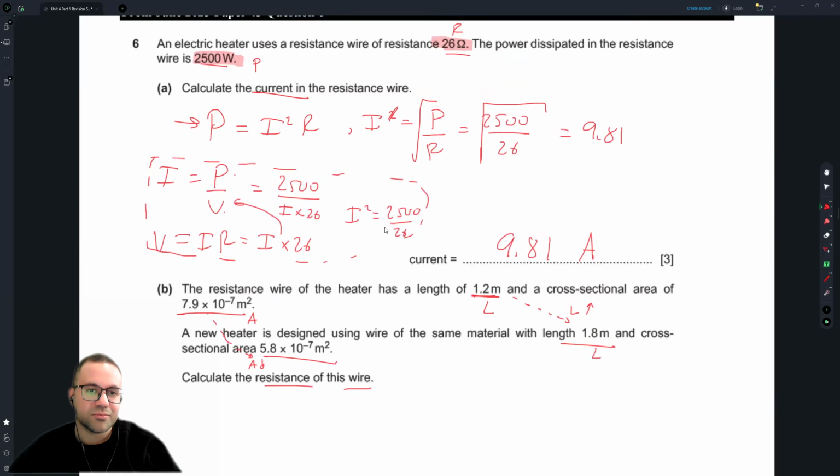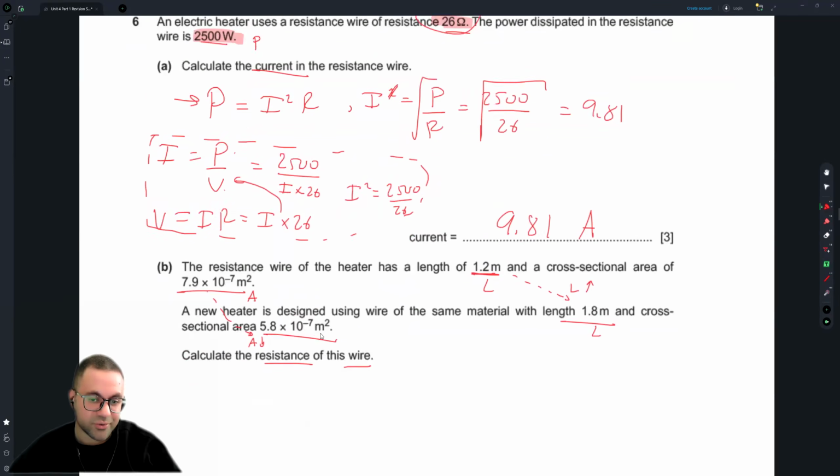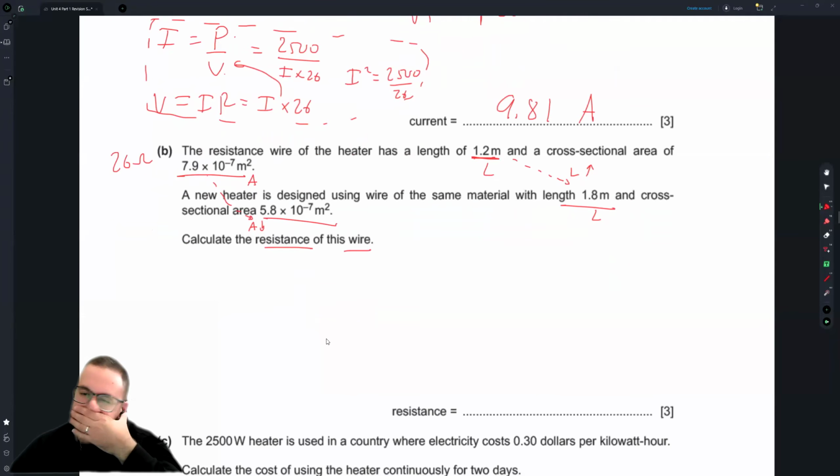Well, what was the resistance of the old wire? 26. So the first wire was 26 ohms. So what's the new resistance? Well, first, remember, resistance is proportional to length and inversely proportional to area. If the length increases, resistance should increase. By how much? Again, this is a challenging question.